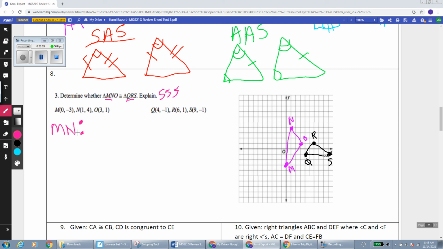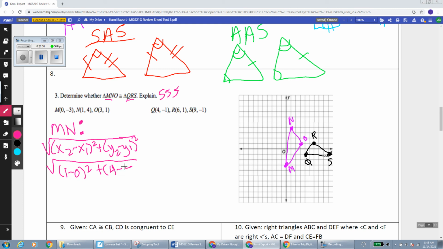I'm going to write the distance formula one time. So we have the square root of x2 minus x1 squared plus y2 minus y1 squared. Let's plug in. So that's 1 minus 0 squared plus 4 minus negative 3 squared.